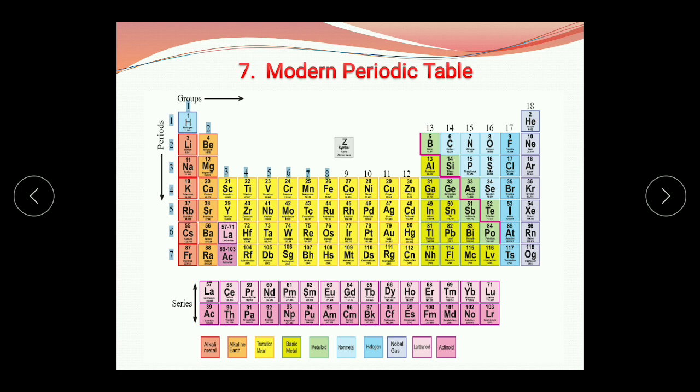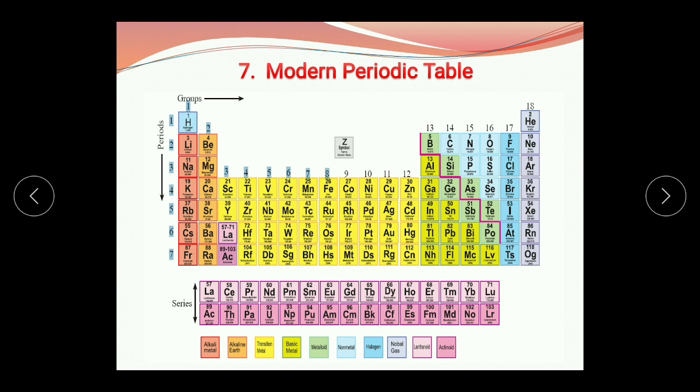The outermost valence shell is far away from the nucleus, and the electrons present in between the nucleus and the valence shell, which add screening effect, are called core electrons, and those have very much effect on the effective nuclear charge, which is much affected by the screening or shielding effect.